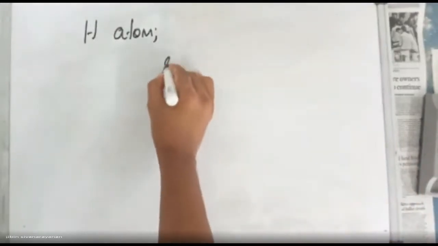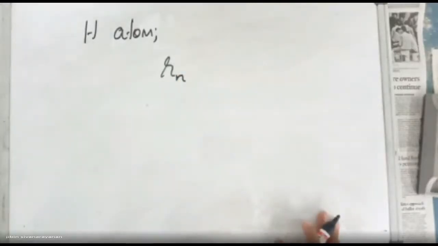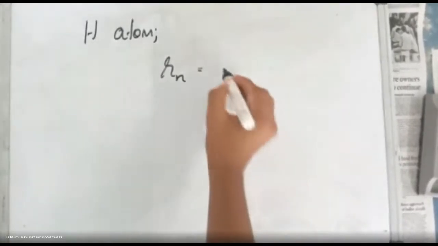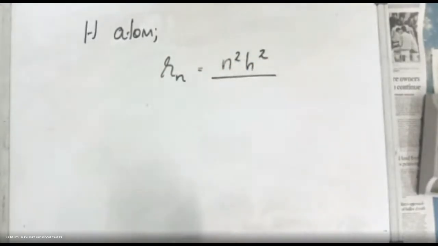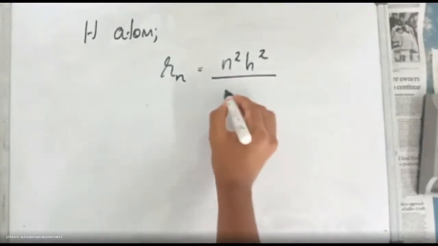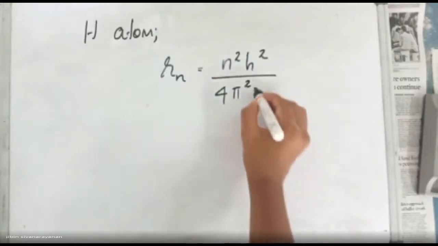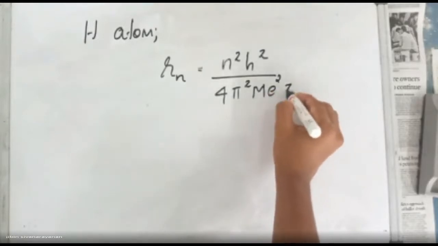The radius of the nth orbital is given by n square h square divided by 4 pi square m e square z.